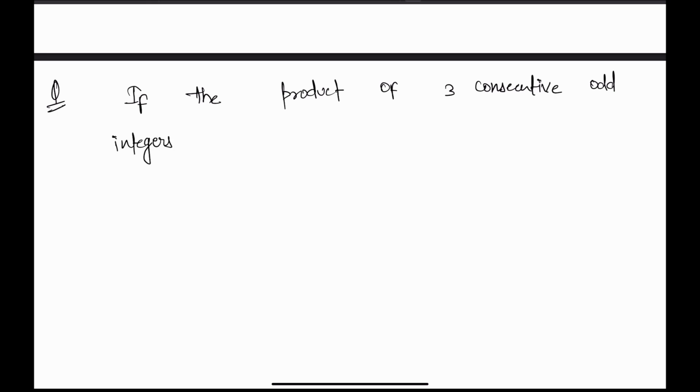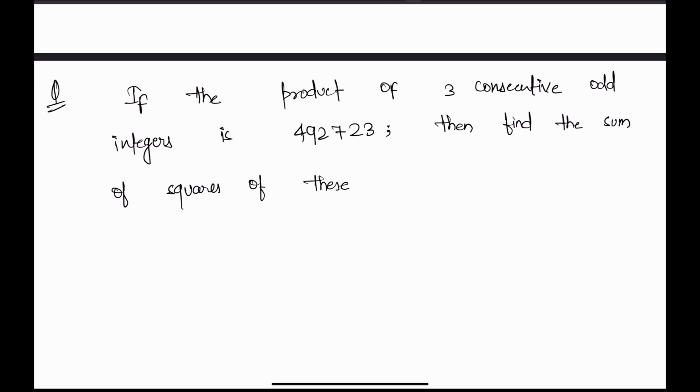Okay, if the product of three consecutive odd integers is 492723, then find the sum of squares of these three integers.